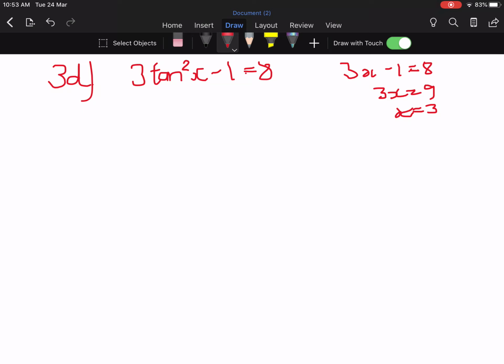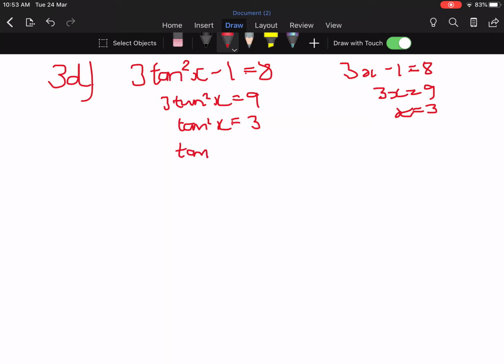The only difference is we've got a tan squared x in there, so let's deal with that. So we would move the 1 first, so tan squared x equals 9. Then we would divide by the 3, so tan squared x equals 3. So very similar to that. The only difference is I've now got tan squared x. So when you've got a squared there, I obviously need to take that squared to the other side.